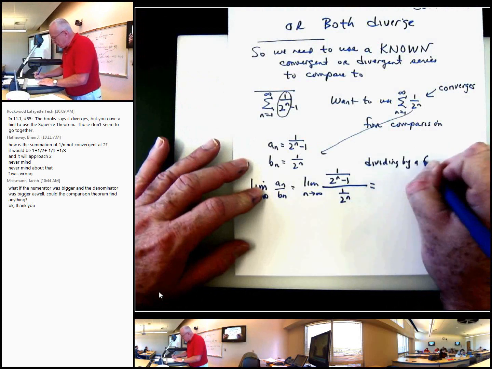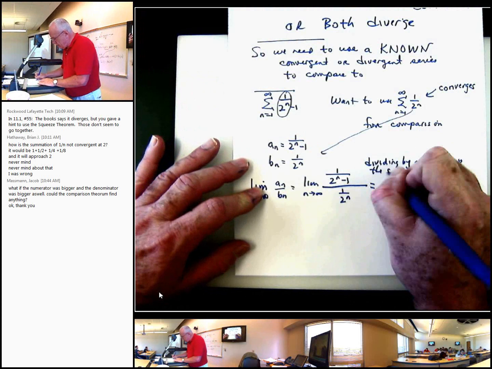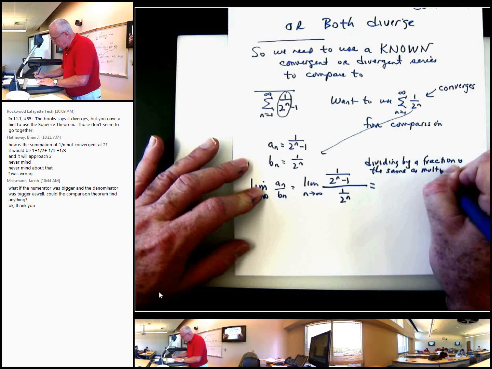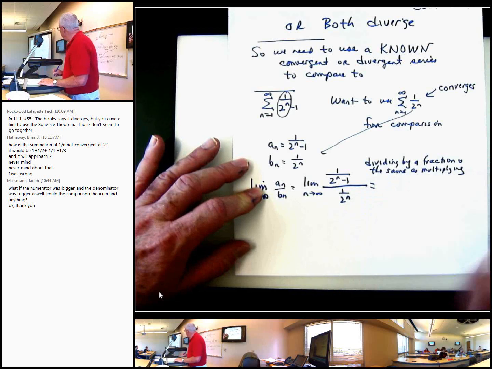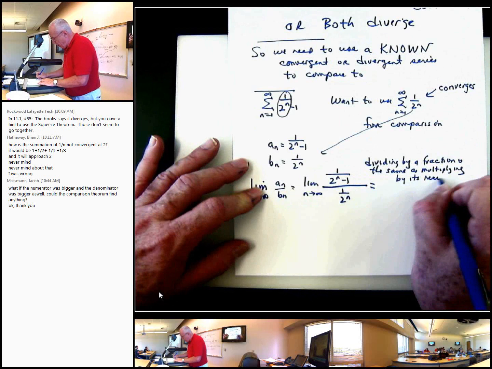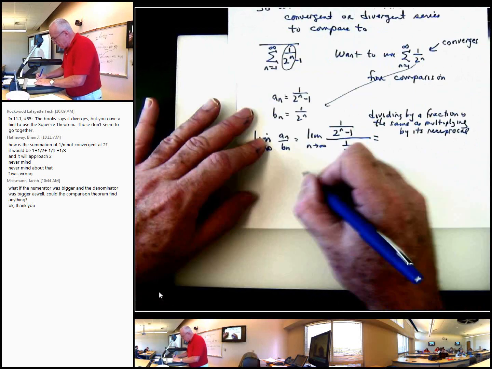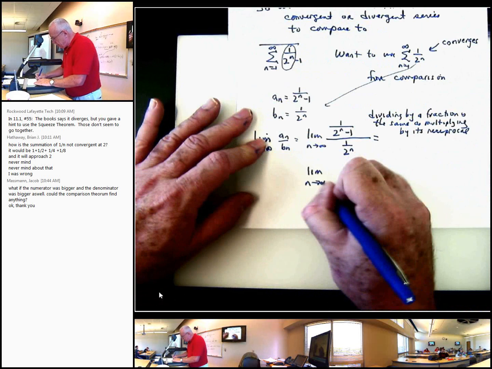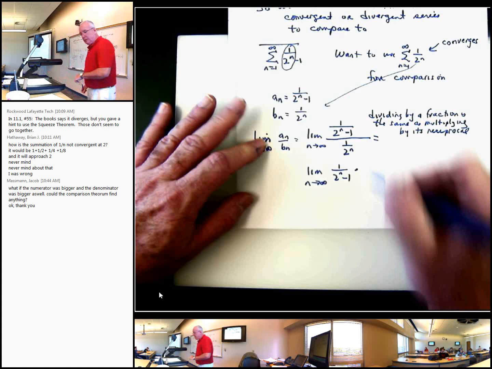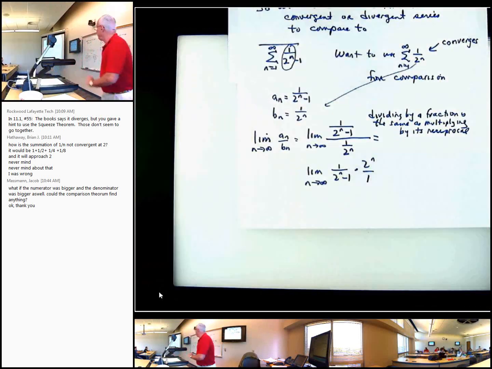Dividing by a fraction is the same as multiplying by its reciprocal. So this is going to equal the limit as n goes to infinity. Okay, the top part, 1 over 2 to the n minus 1, and then it's going to be times 2 to the n divided by 1. All right.